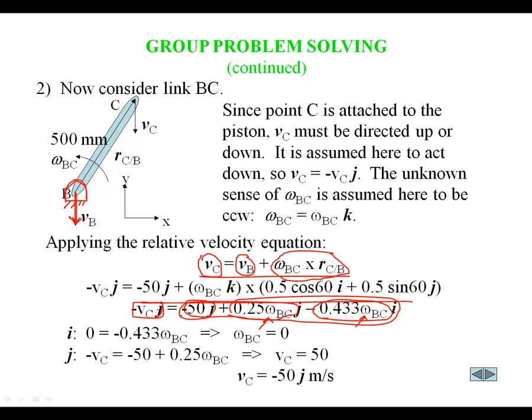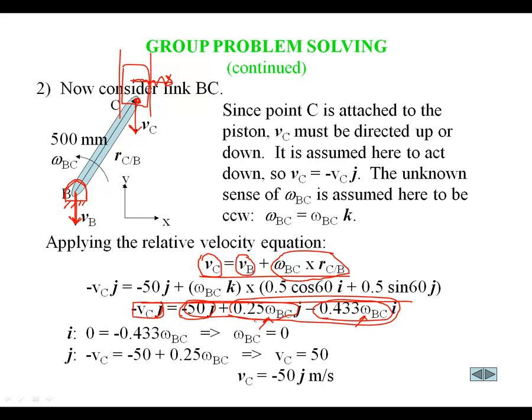Notice here, they said it's only in the J direction. Does that make sense? Do we know that this point C is only going to be in the J direction? Well, of course we know that, because it's connected to the piston, and the piston is forced to move in this cylinder. So it can't have any X direction motion. It can't have any of this because it's constrained that way.